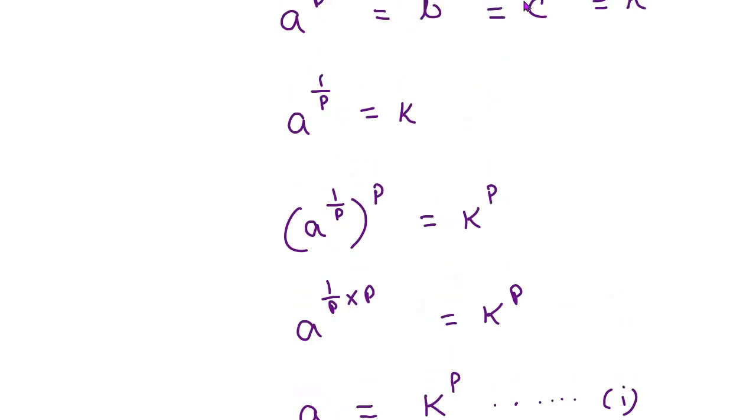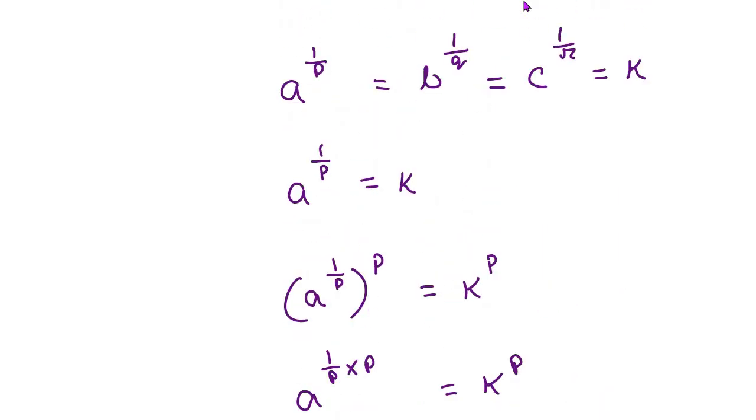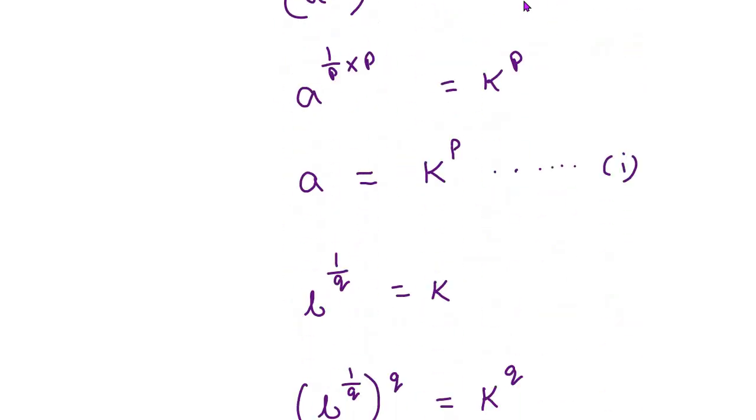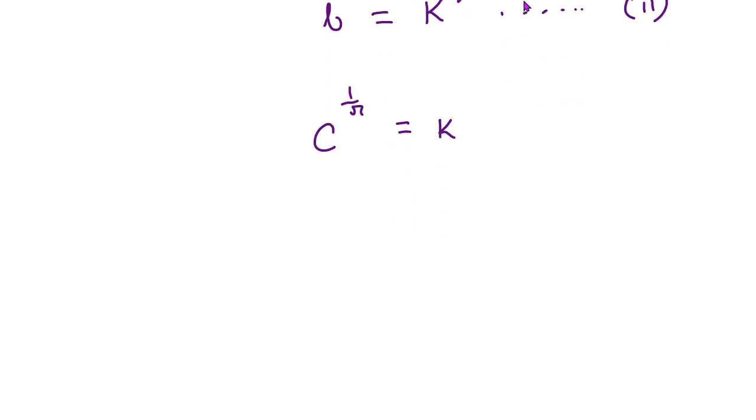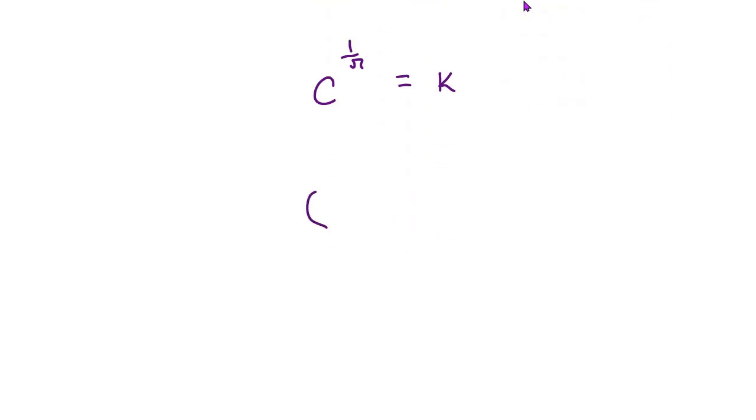Similarly, from here we can write c to the power 1 by r equals k. We can take the rth power on both sides and we can write c to the power 1 by r whole to the power r equals k to the power r.